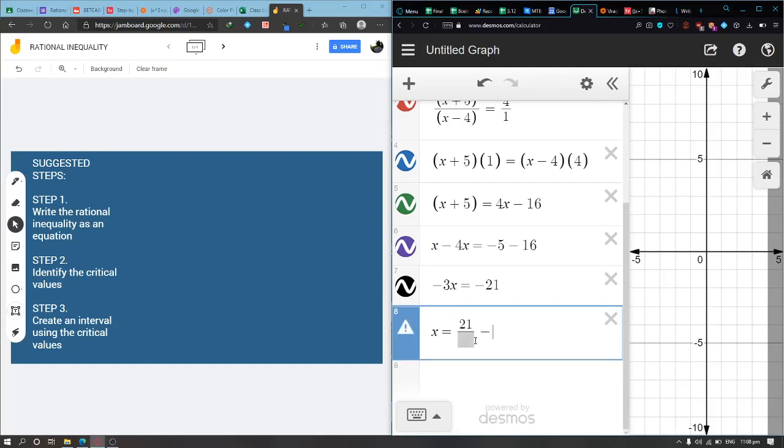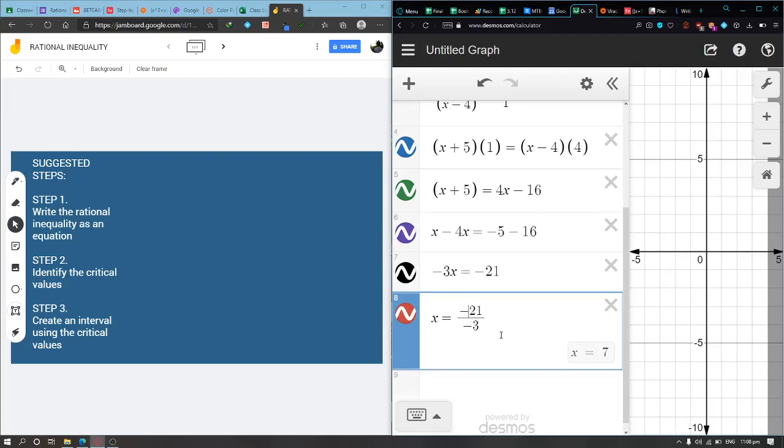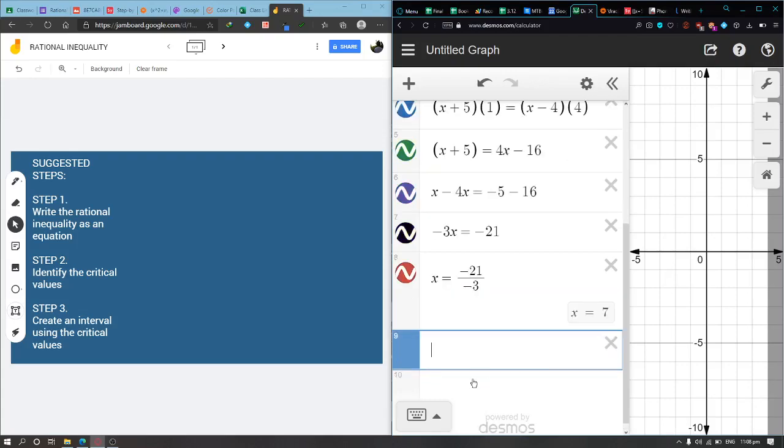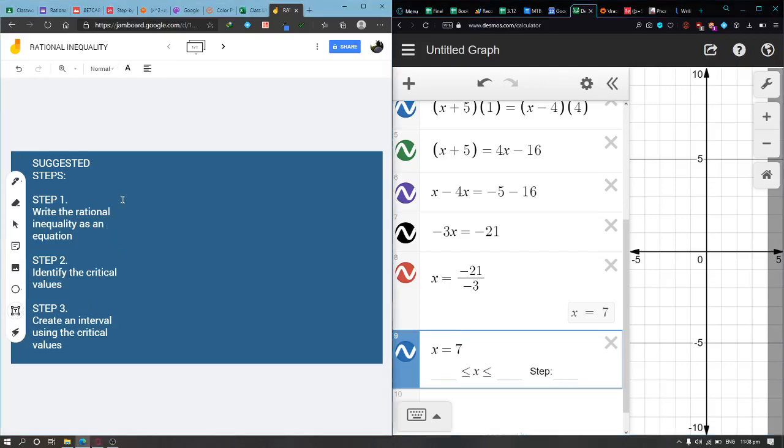So it is negative 21 divided by negative 3. Negative 21 divided by negative 3 gives x is equal to 7. Okay, so let us list our critical values.